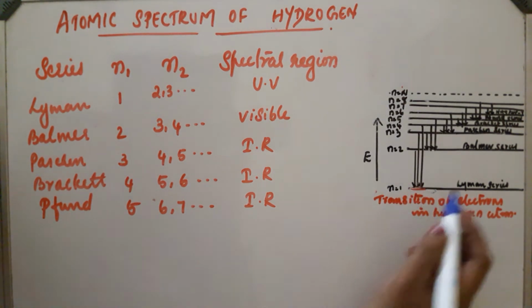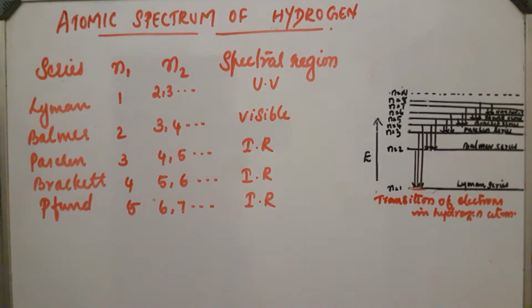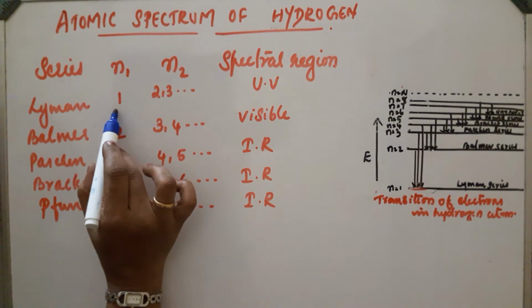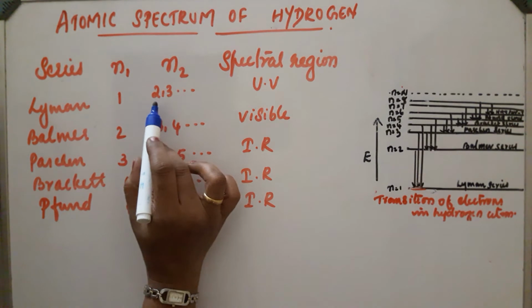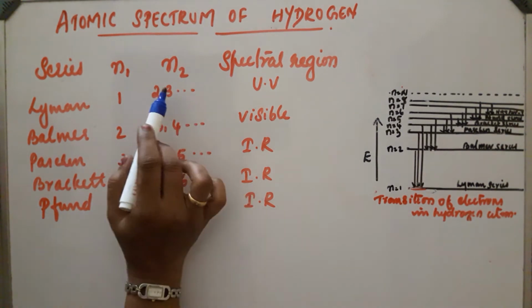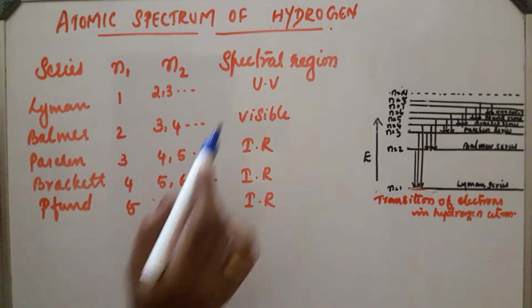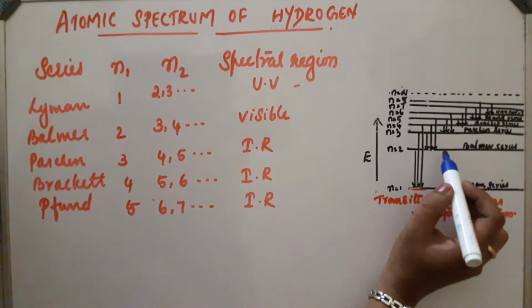Such a series of lines is called the Lyman series. Here n1 is equal to 1 and n2 is the higher levels 2, 3, 4, etc., from which the transition takes place to n1 equal to 1. The spectral region of the Lyman series is the UV region.